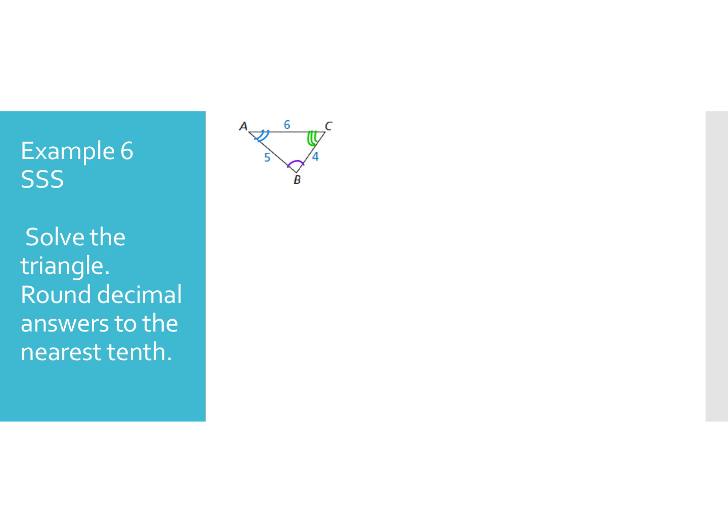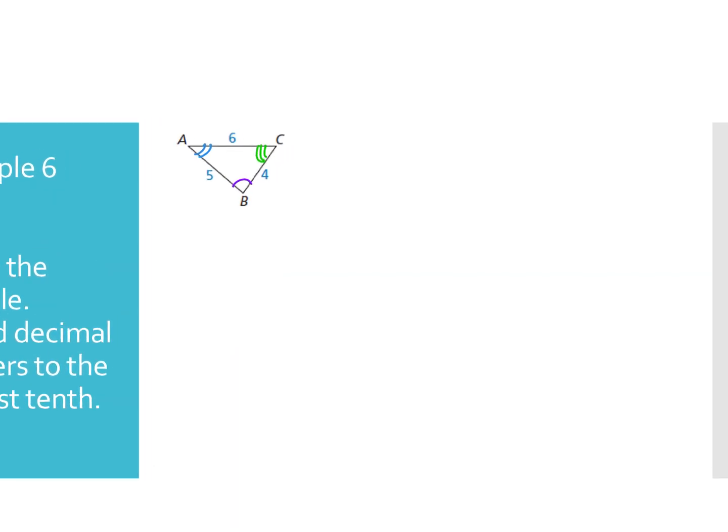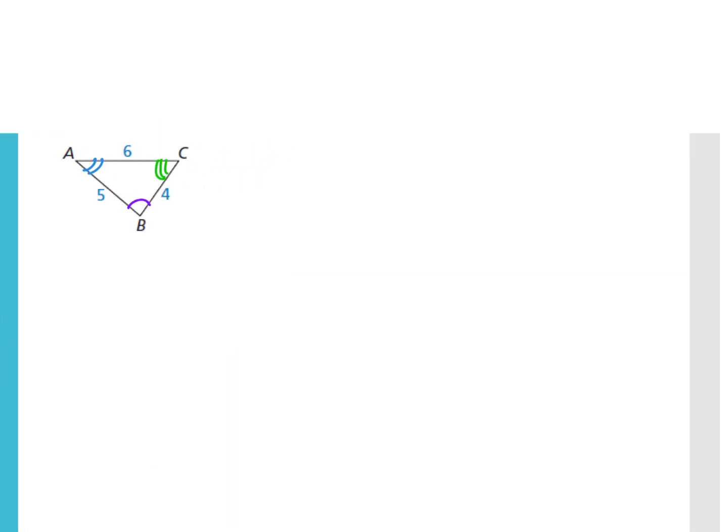Looking at this one, I'm going to go ahead and try and find my largest angle, which is angle B. Honestly, you can find any angle you want. Just please make sure you're plugging it into the right formula for law of cosines. I'm going to write it up here so we have it. Again, I'm solving for my angle.